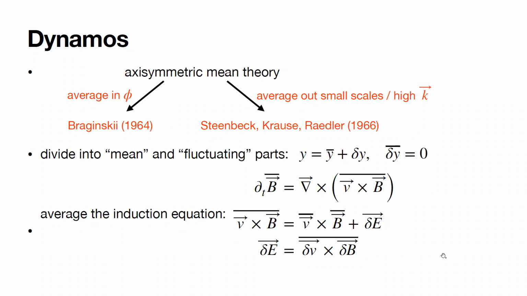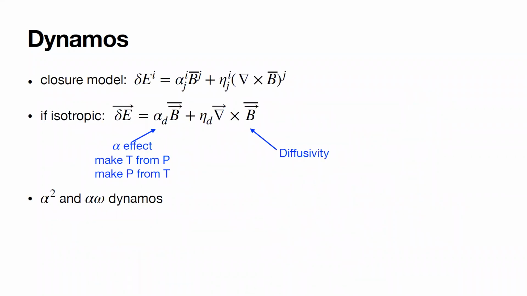And you can work it out if I replace V and B, so V is V average plus delta V, B is B average plus delta B, right? For this residual, I get delta V cross delta B, averaged. So it's my small scale EMF averaged into the large scale.